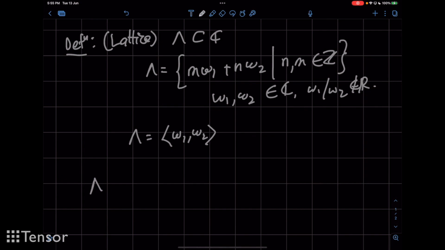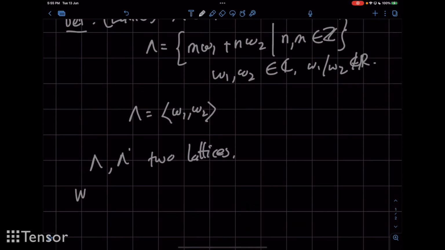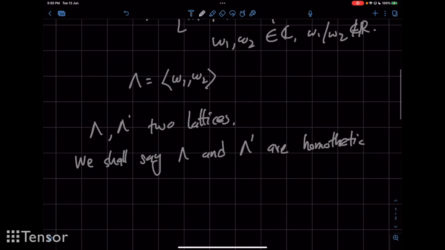Let's say capital lambda and capital lambda prime are two lattices, and we say lambda and lambda prime are homothetic if lambda prime is equal to small lambda times capital lambda.